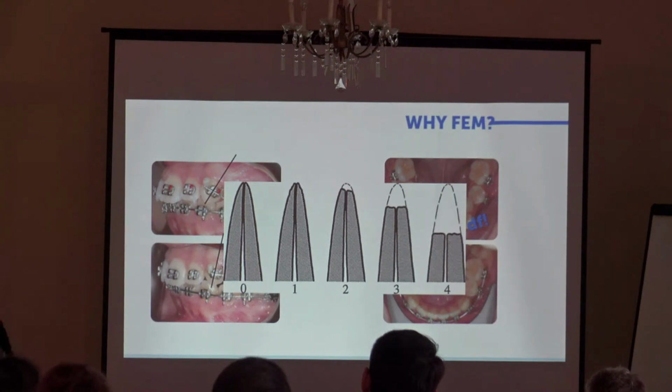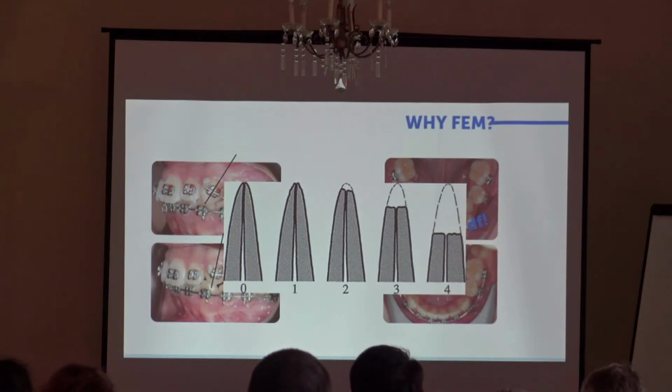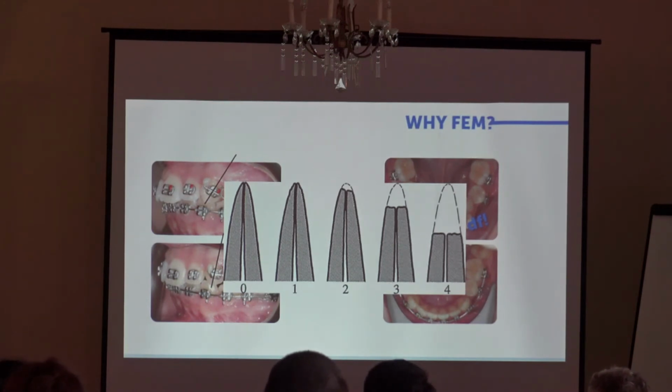But when the system complexity goes up, it is almost impossible to know exactly the amount of force that we are using everywhere in the appliance. And so this could be a problem because we could have root resorption, for example. That is one of the undesired effects of orthodontic tooth movement that should be avoided. And this could be avoided knowing the force system that we are using and how the bone and all the alveolar structures are responding to it.